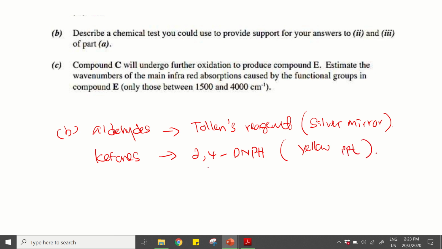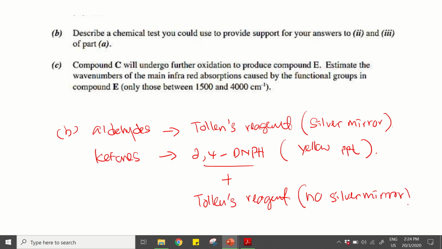Okay, and of course, to double confirm whether it's a ketone or aldehyde, since 2,4-DNPH actually reacts with both aldehyde and ketones, once you have tested the ketone with 2,4-DNPH, you should test it with Tollens reagent again. And this one should give you no silver mirror. Okay, so that's the reason why we have to confirm that it's a ketone and not an aldehyde when you use 2,4-DNPH. So it's an additional step.